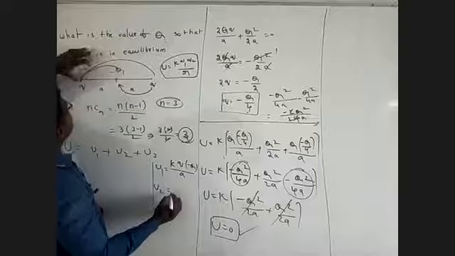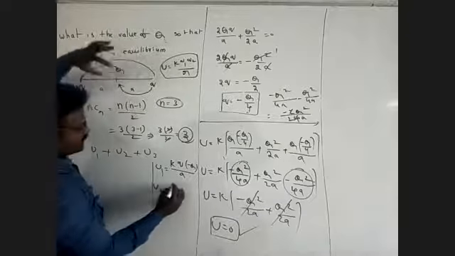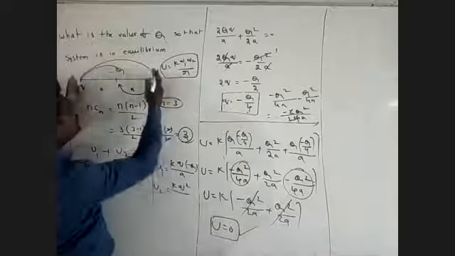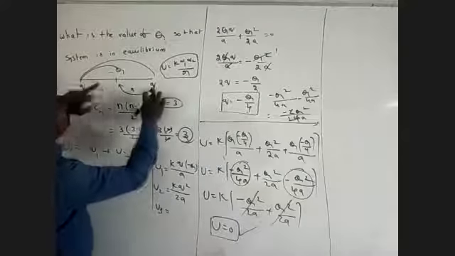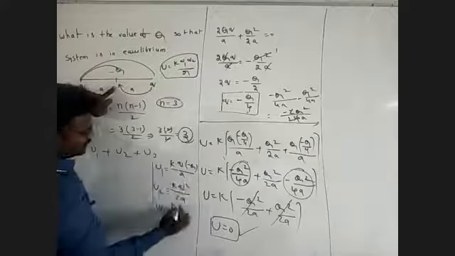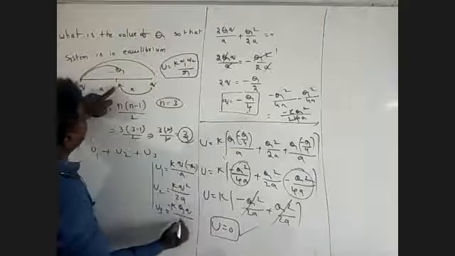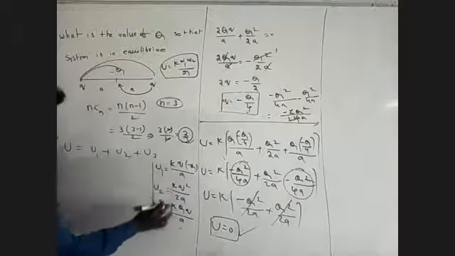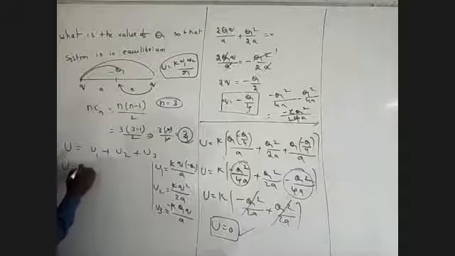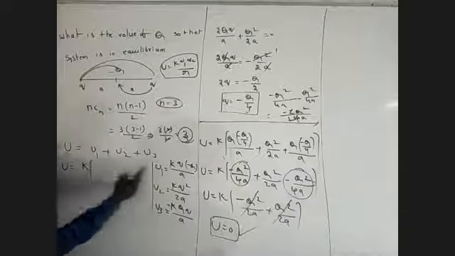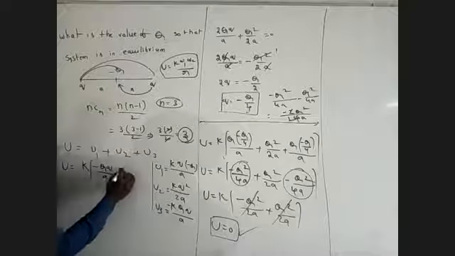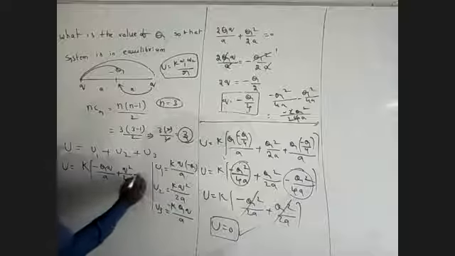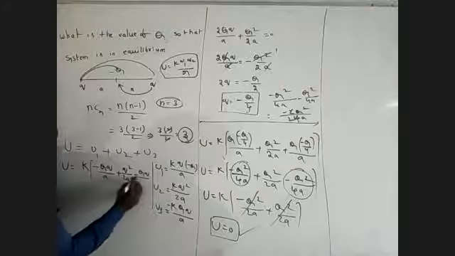U2 means this Q and this Q: K into Q square by the distance between the two charges, that is 2a. Next, U3 is K into minus Q small q by distance a. So U is equal to K common, and minus capital Q small q by a plus Q square by 2a minus capital Q small q by a.